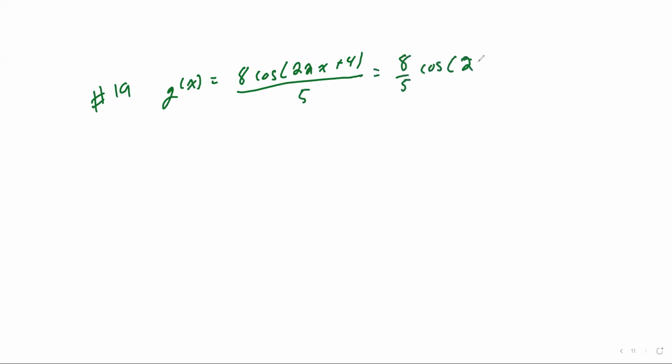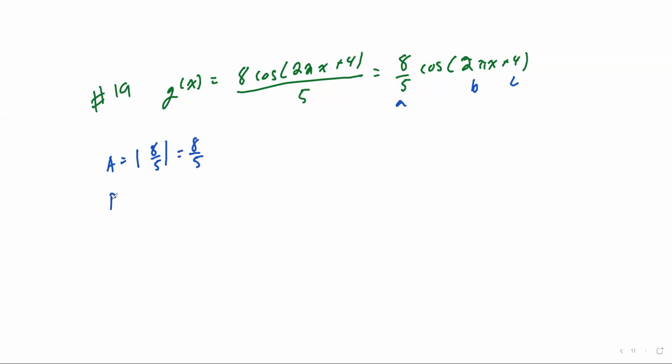Number 19 says g of x equals 8 cosine of 2 pi x plus 4, all divided by 5. Remember, we can rewrite that as 8/5 cosine 2 pi x plus 4. Let's label our information. So this is my A, this is my B, this is my C. So my amplitude here would be the absolute value of 8/5, which gives me 8/5.